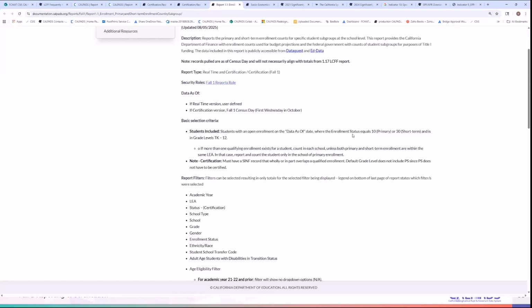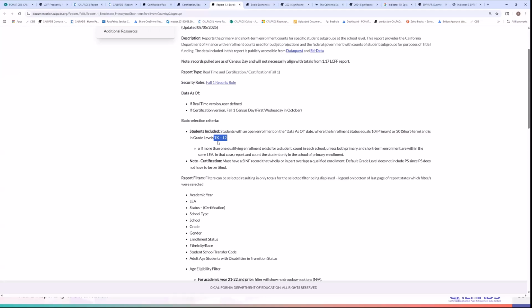So you can see this report includes primary and short-term students. There are no non-ADA enrollments, so no 50. There are no secondary enrollments, so no 20s, only primary and short-term enrollments. And important, you can see the grade levels are TK through 12. So your infants and toddlers are not going to be included on this report.